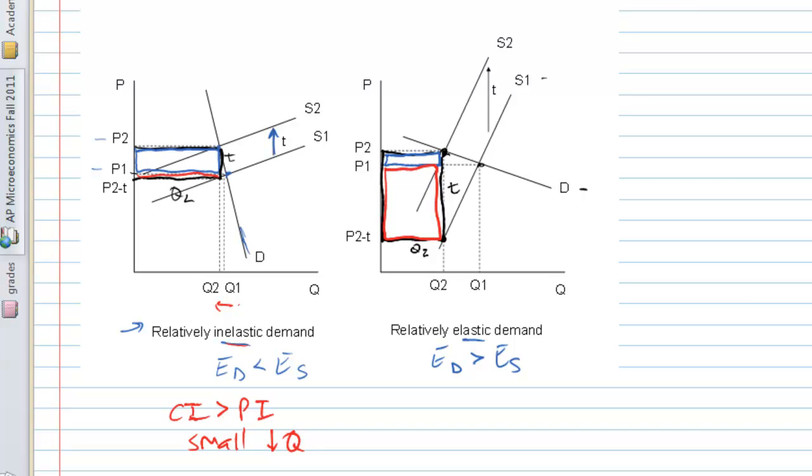So we can see pretty obviously from this one that the consumer incidence is less than the producer incidence, and we've got a relatively larger decrease in quantity. Again, with relatively elastic demand, this makes sense. So let's go with some of our elastic demand examples.